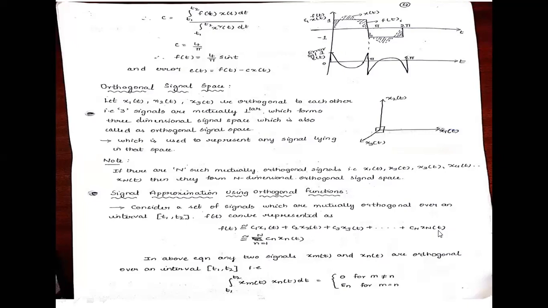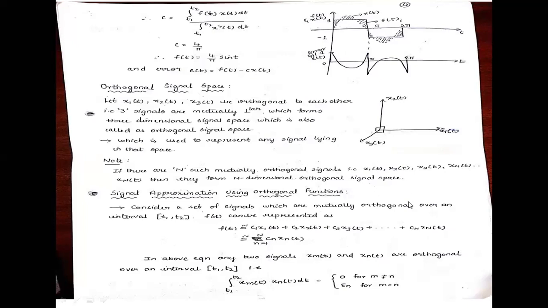C is equal to integral t1 to t2 of x1 of t, x2 of t dt, divided by integral t1 to t2 of x square. Any one of the signals, with suffix n, xn square of t. What is n here? Either 1 or 2.